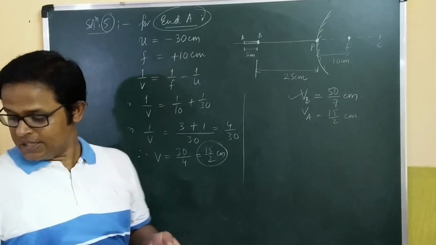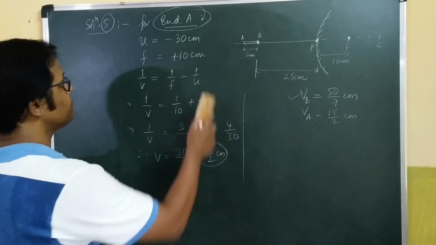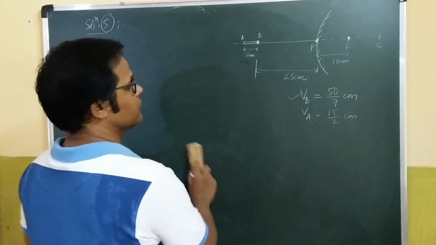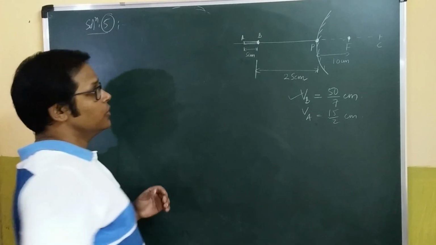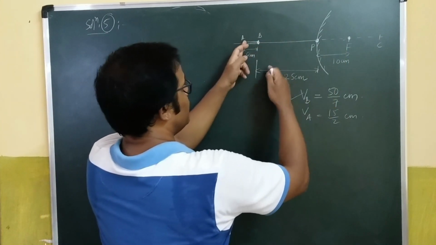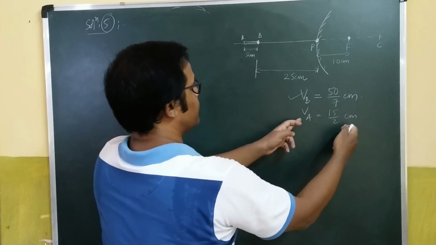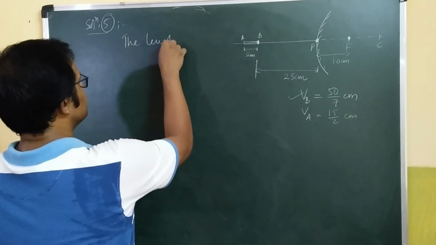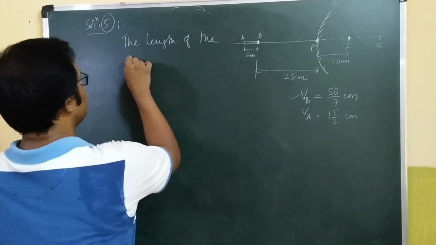That's it. All we have to do is find the final length of the image formed. So end B, which is closer, and end A, this is here.